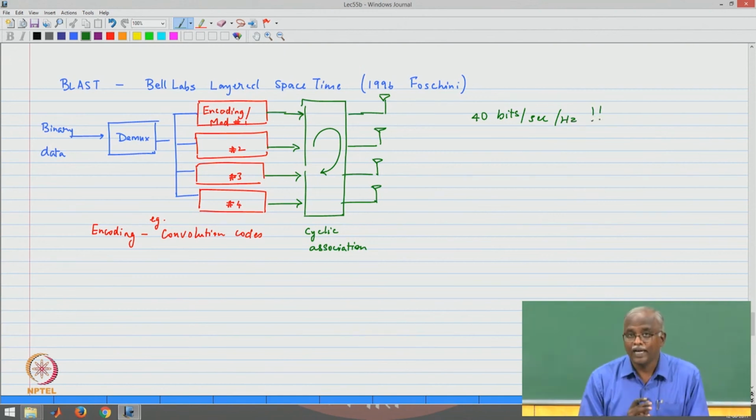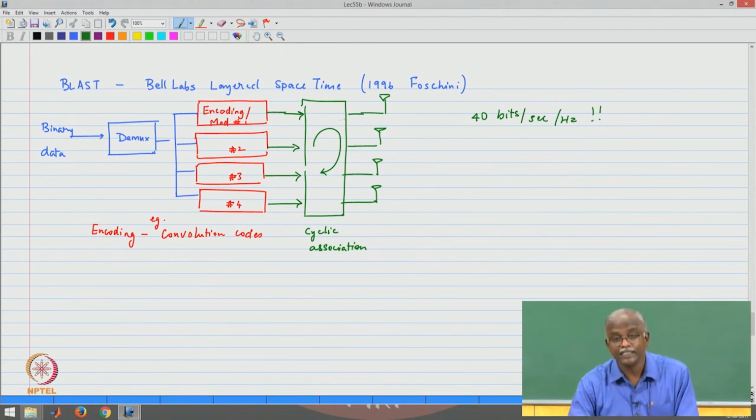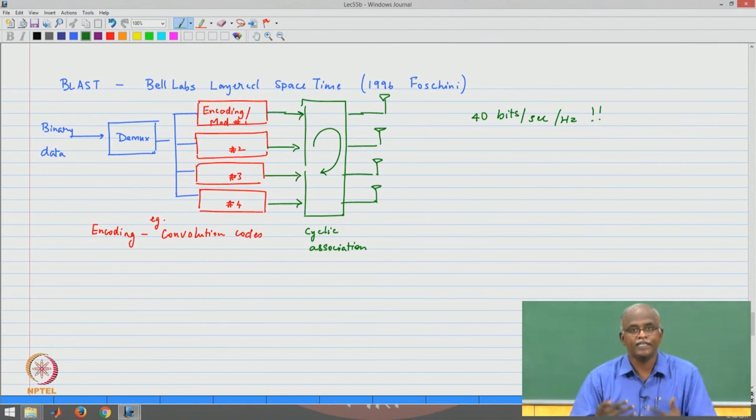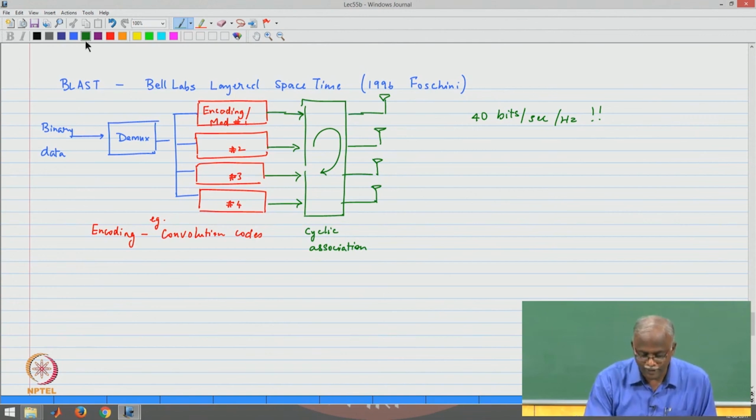Now, what we would like to do is pick it up from here and describe what the encoding process is, what this cyclic association is, and how it benefits us in terms of achieving the performance of the system, getting the diversity benefit, but also getting increased data rates, which is what will achieve for us the high spectral efficiency that we are seeing here.